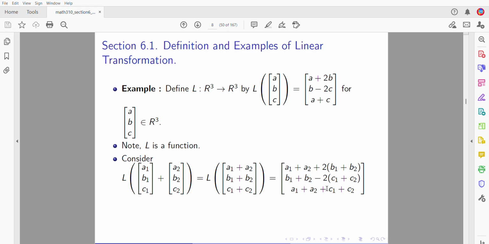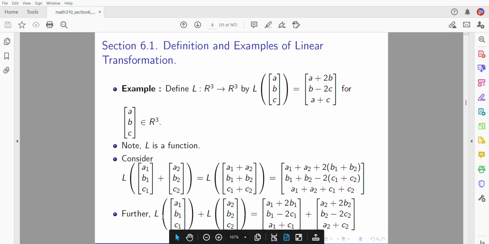On the other hand, what is L of (a1, b1, c1) plus L of (a2, b2, c2)? Apply the same formula. You get first coordinate plus 2 times second coordinate, second coordinate minus 2 times third coordinate, first coordinate plus third coordinate. Now look at this carefully.